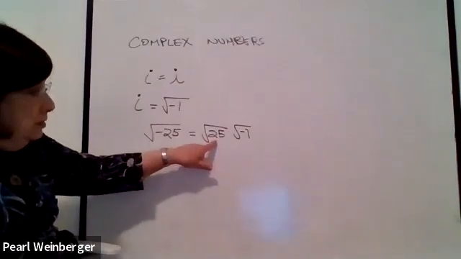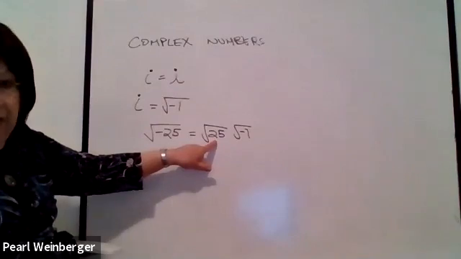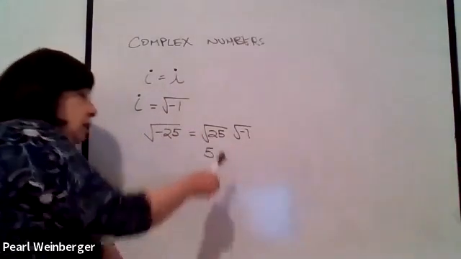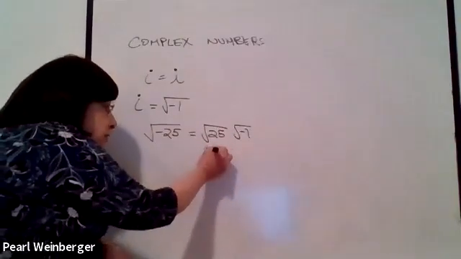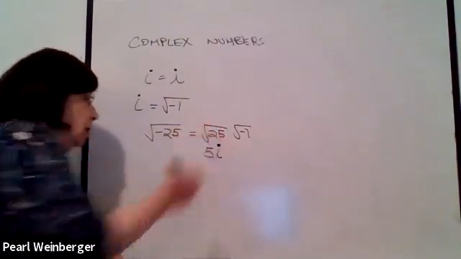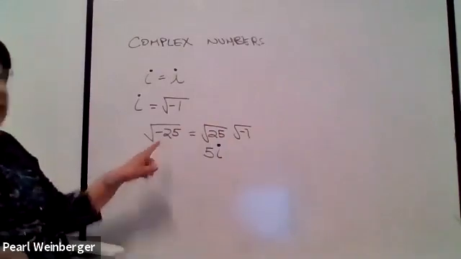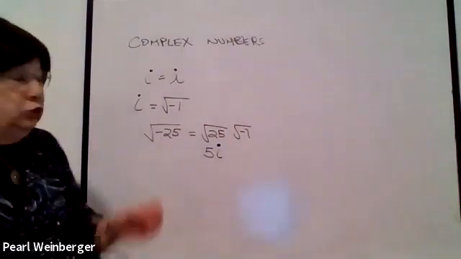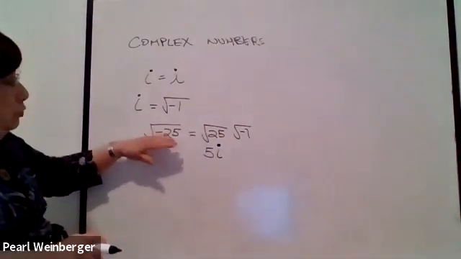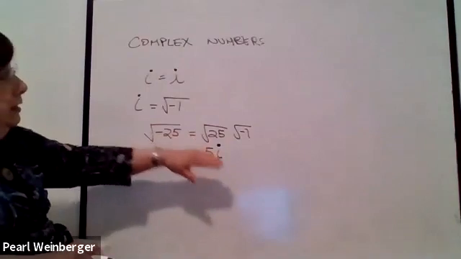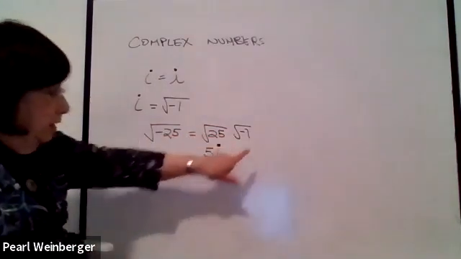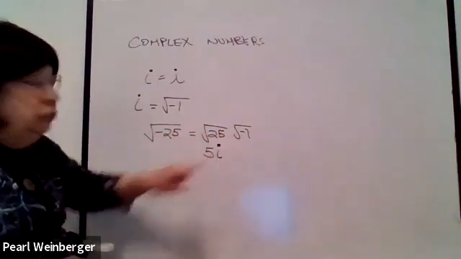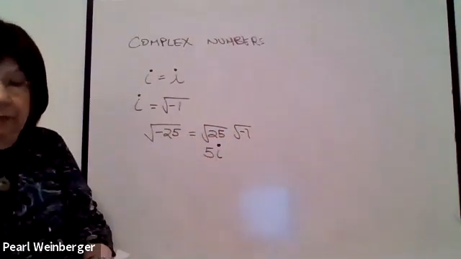And now, since this is a square root of a regular number without any negative, the square root of 25 is 5. And the square root of -1 is this new number, which we call i. So anytime I have a square root of a negative number, I'm going to break it up into a positive number times the square root of -1. And where I have the square root of -1, I'm going to use this new unit called i.